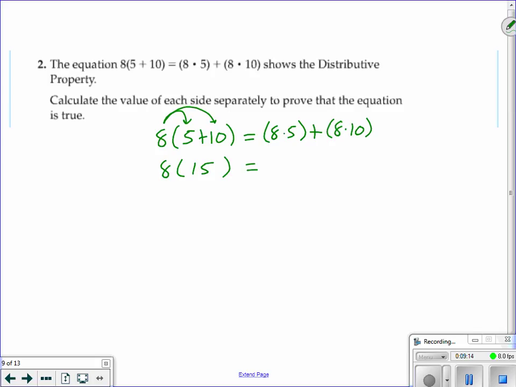On the right side, 8 times 5 is 40 and 8 times 10 is 80. On the left side, 8 times 15 gives 120. And 40 plus 80 on the right side is also 120. So that works.